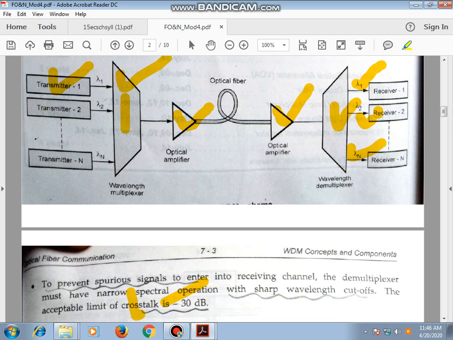Also, during transmission there might be a possibility of combining one signal with another signal, so that overlapping of the signals takes place. Because of this, you can accept the signal only if its crosstalk is within the limit.